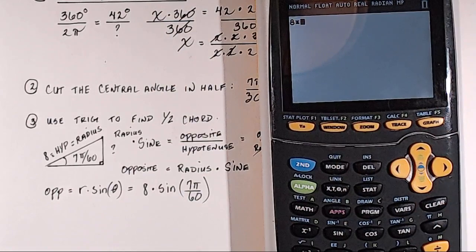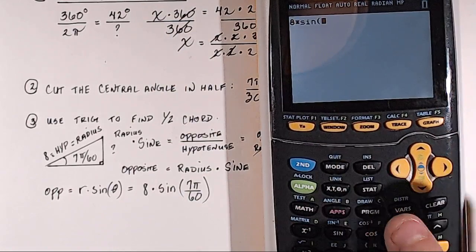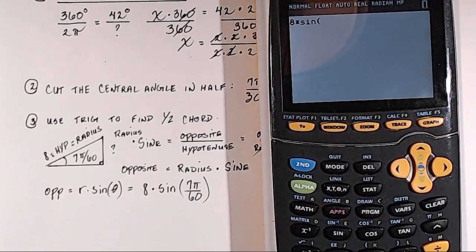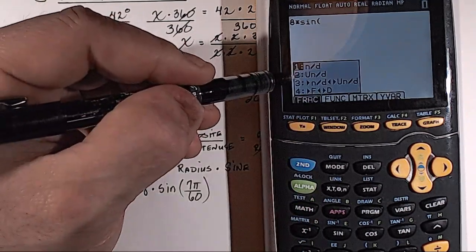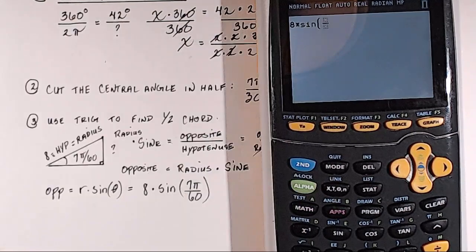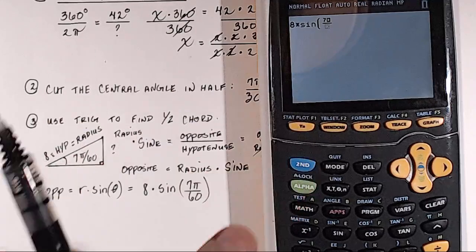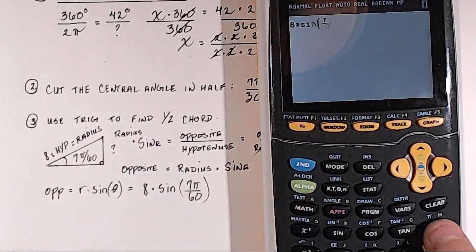8 times sine, and then we're going to put in a fraction. Alpha y equals brings up this little tip menu, and if you hit enter, you get a numerator over denominator. 7, and then if you want to put in the pi symbol, hit second, and then this little caret symbol over here will stick the pi symbol in there.